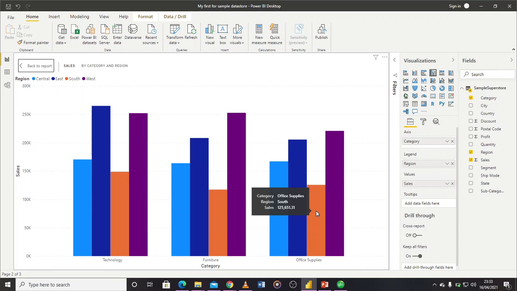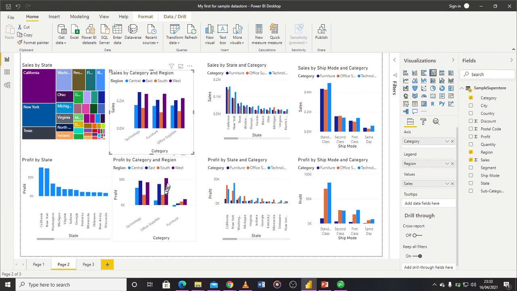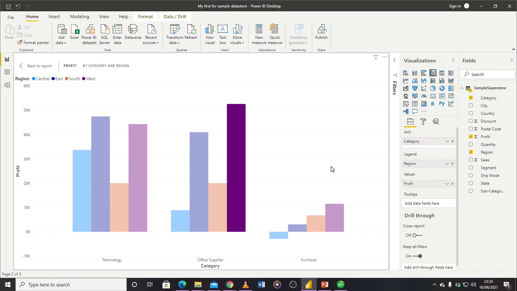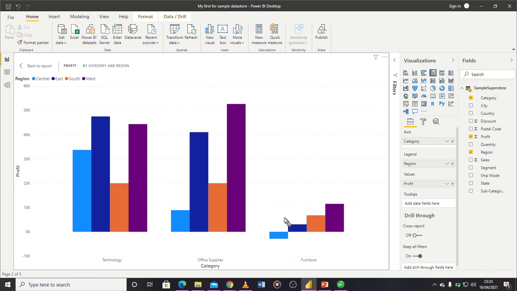In the south, sales are low, and for other regions, sales are fairly high. Looking at profits by region and category, in all regions the profit of furniture is very low. That's a very weak area, and also the profit of office supplies is very low in the central region. That's a weak area that needs work.